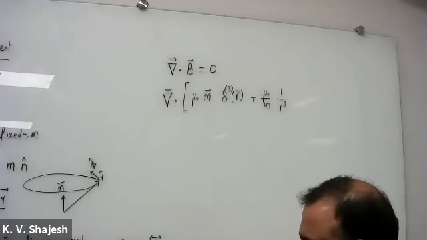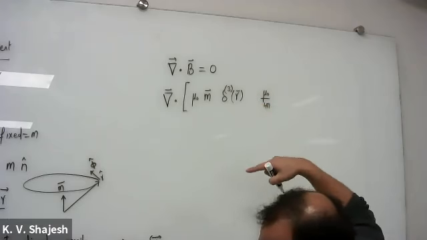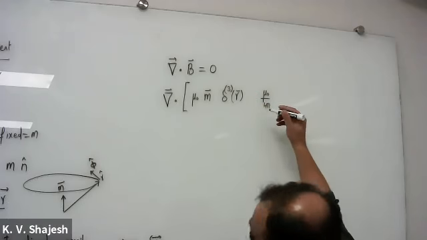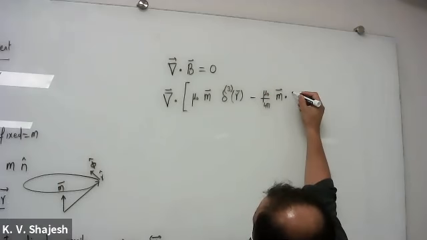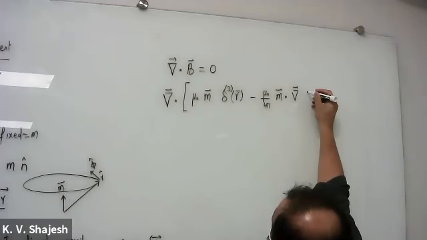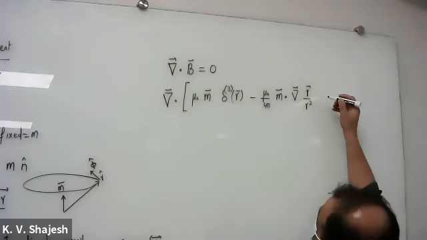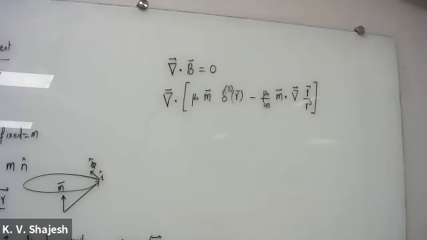I go to a slightly previous expression, which is minus mu naught over 4 pi m. If you go a few steps back, this also shows up in this form. And the claim is that this is equal to 0. We want to check that this is indeed equal to 0.